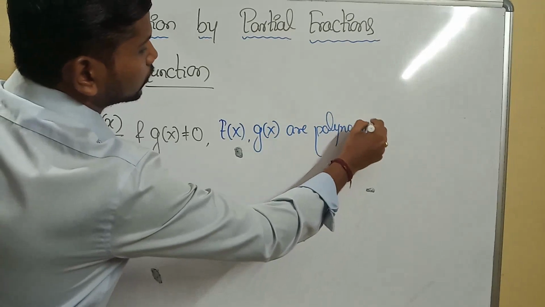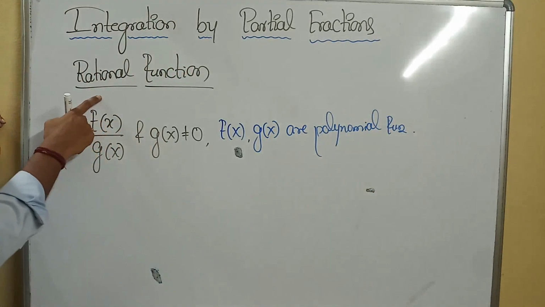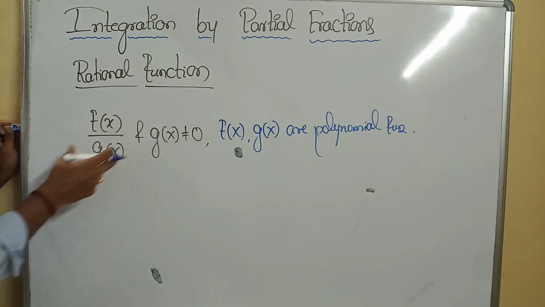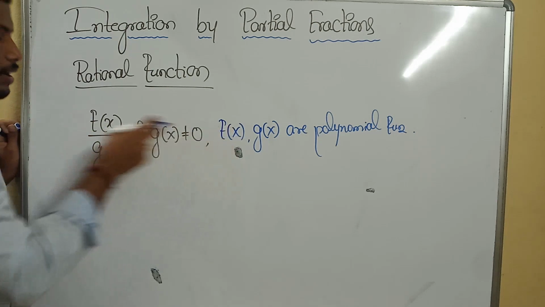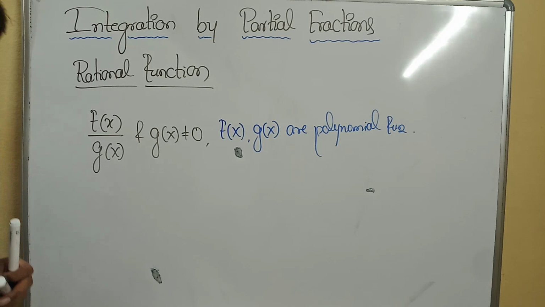Got it? Polynomial functions. So a rational function is a function in the form of f of x divided by g of x, where g of x is not equal to 0, and f of x and g of x are polynomial functions, then it is called a rational function.